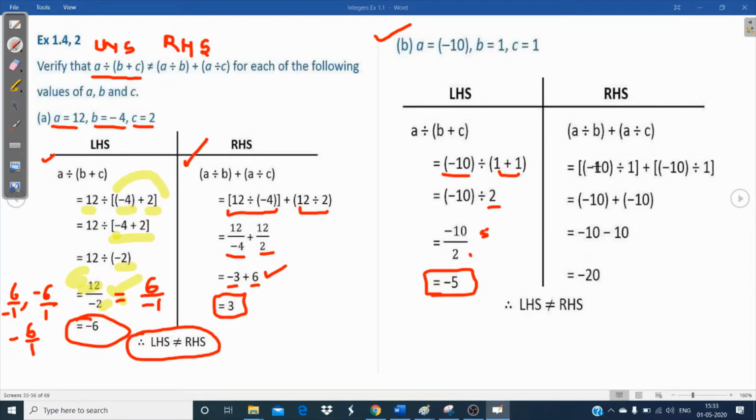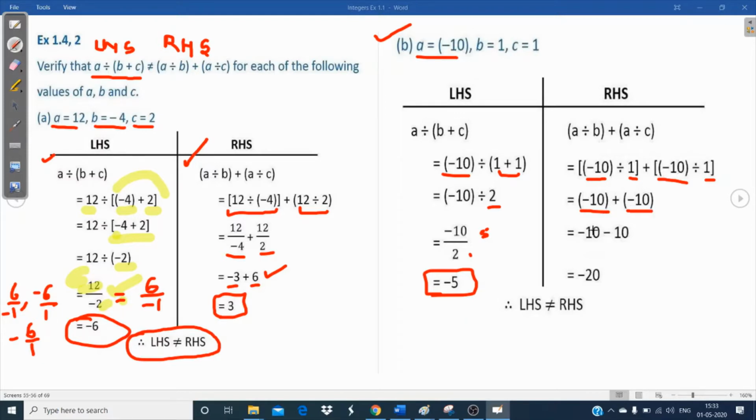Now let's check RHS. A plus B means, what is the A value? -10. We have substituted the A value here, -10 divided by B value, which is 1, plus A value again -10 divided by C, whose value is 1. So -10 divided by 1, what will you get? -10 only. Plus sign as it is. Now -10 divided by 1, again you will get -10.